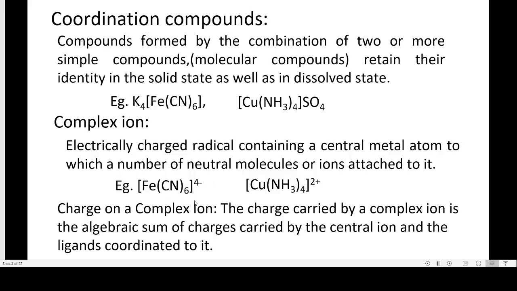In this example, iron has the charge plus 2, and 6 cyano groups, each CN minus, that is 6 minus. So minus 6 plus 2, the algebraic sum will be minus 4. Here copper carries plus 2 charge, ammonia is neutral, so the overall charge will be plus 2.